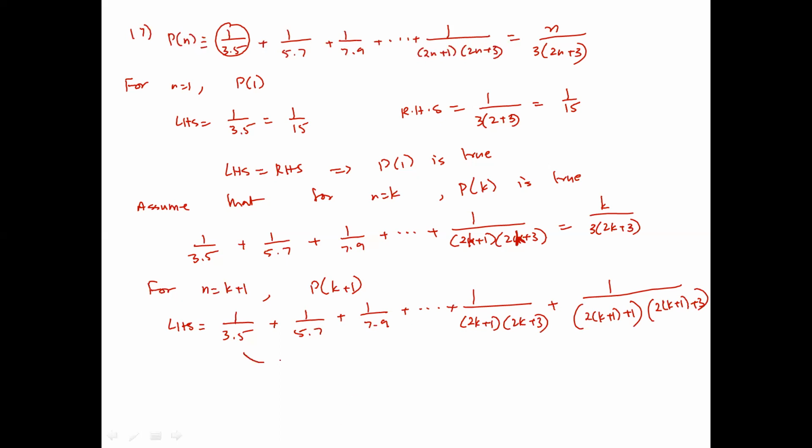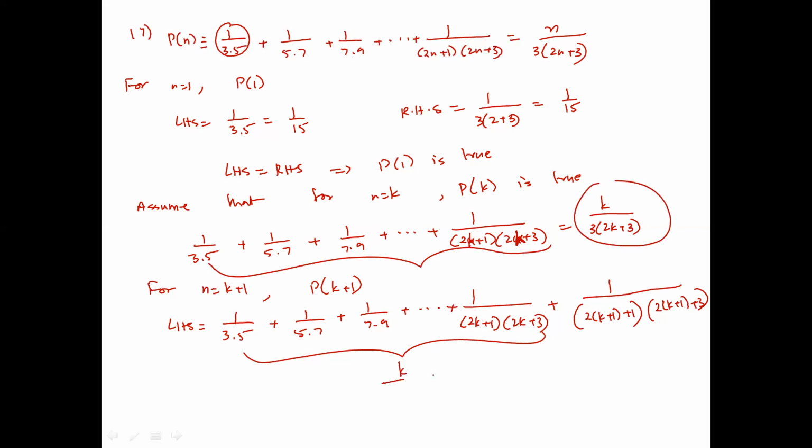So the first few terms I can take help of P of k and write it as k by 3 into 2k plus 3. And then the next term is 1 by 2k plus 3 into 2k plus 5. This is what I have.